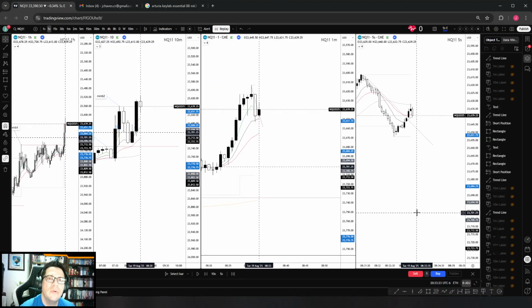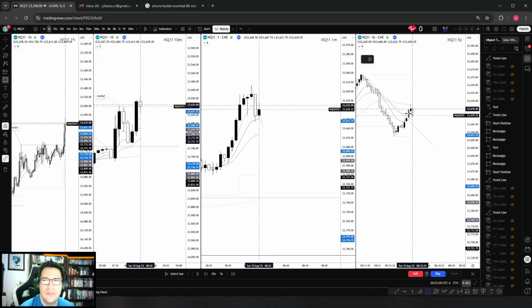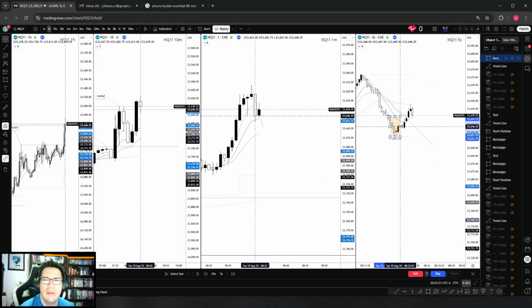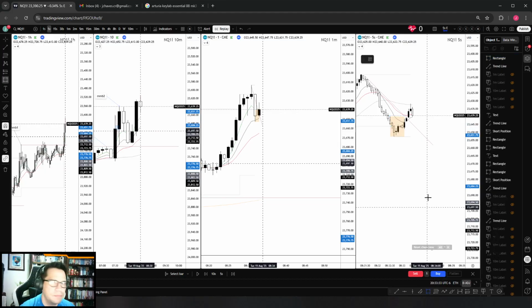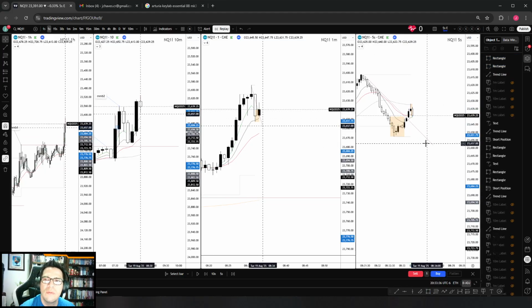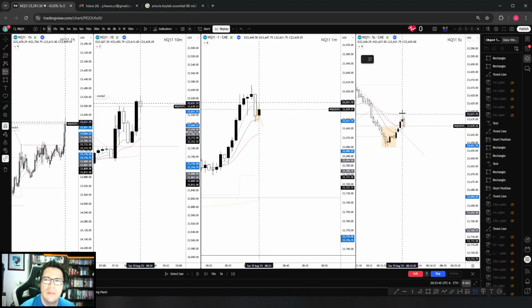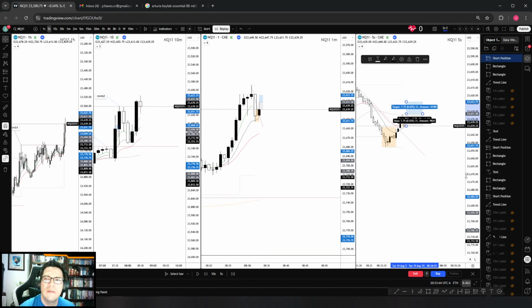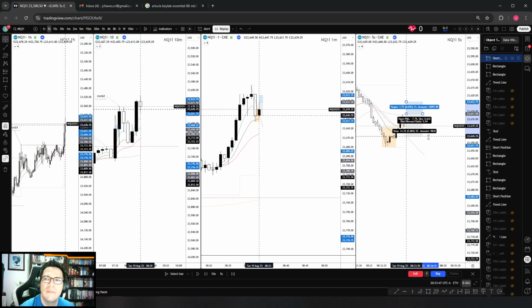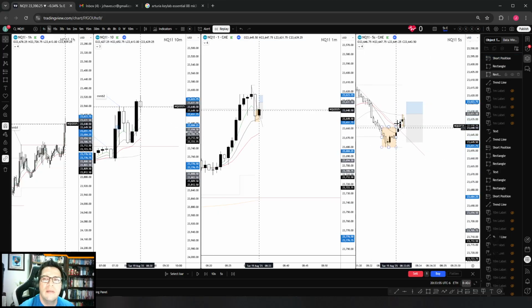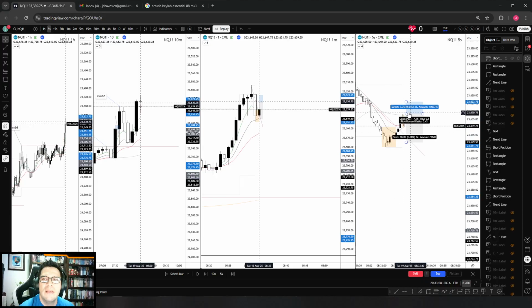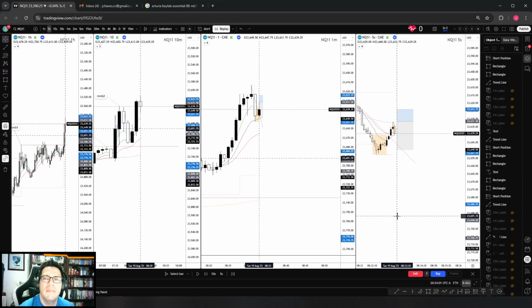Okay, so at this point here, we have an entry opportunity through this double MB. This one here, this one here. So we're gonna put our sell stop there and see if there's gonna be some sort of tapping, and in terms of the stop, that would have been placed right there, protecting the EMAs and the double MB and the MMB2.